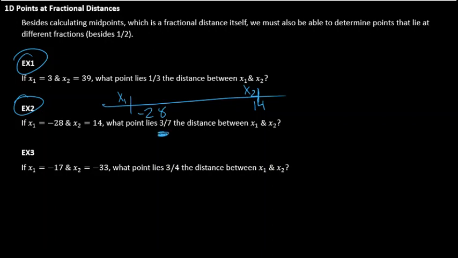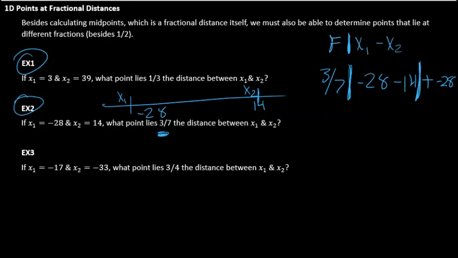Our fraction is 3/7. Our distance is going to be calculated by negative 28 minus 14's absolute value. And we're going to add to our starting point, which is negative 28. That's our x1. So just to reiterate, our fraction times the distance plus our start point. And that is exactly what I have here matched up.